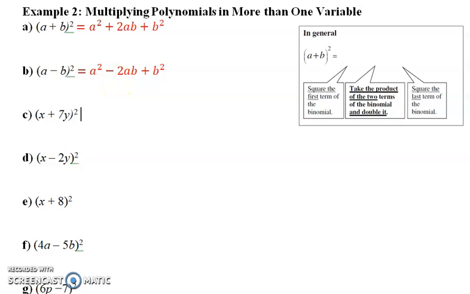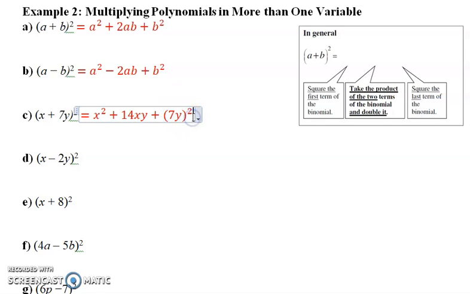So that's going to equal x squared, and then we get 7xy. And then we double it, so we double 7 and we get 14. This one's a little different this time because we're going to need the brackets, since it's (7y) squared.